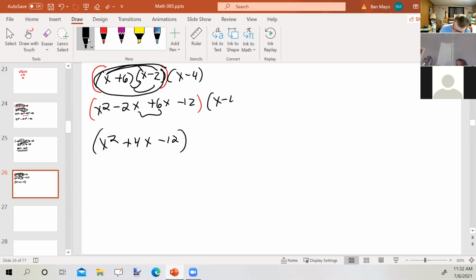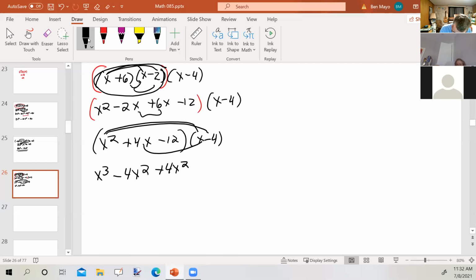Then we're going to take that times x minus 4. So we get x cubed minus 4x squared plus 4x squared minus 16x minus 12x plus 48.